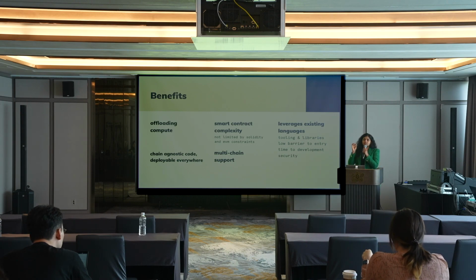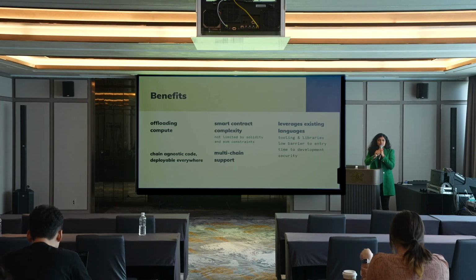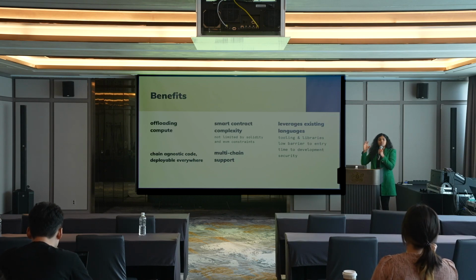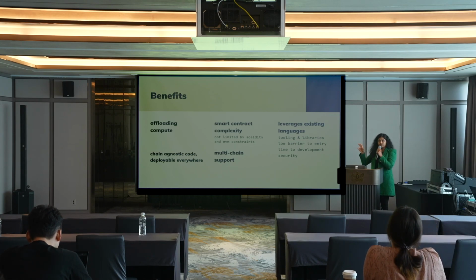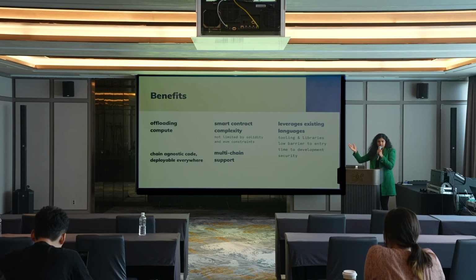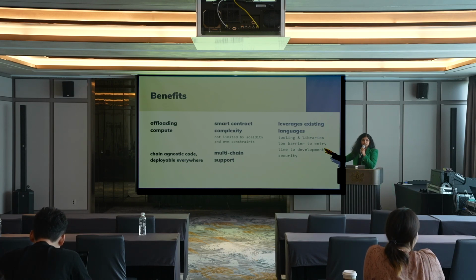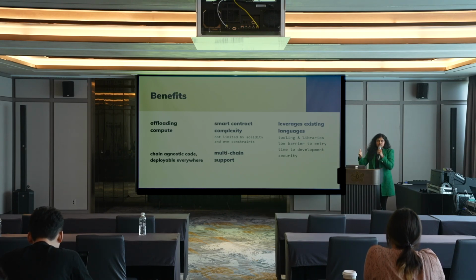Versus here, you're putting a very minimal, small smart contract on each chain, and most of the code you're writing is in this common language, Rust, for example. And so that code can be deployed everywhere. You don't have to rewrite that code for each chain if you're building a multi-chain application.